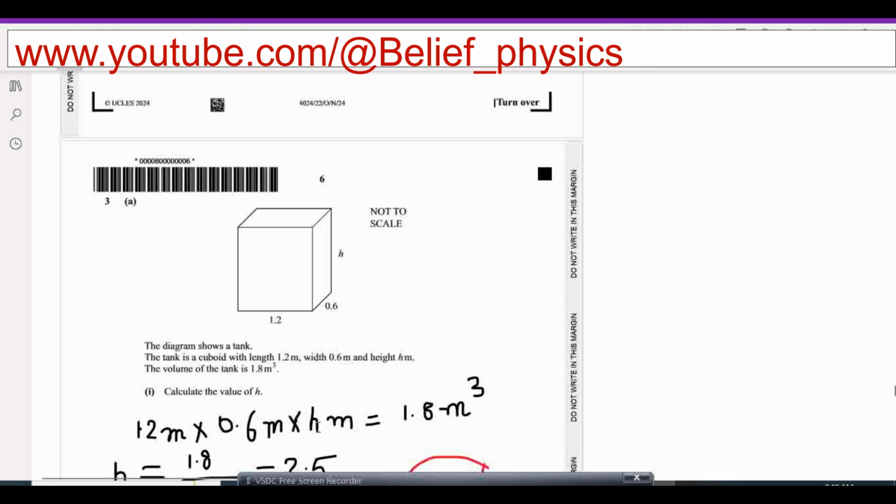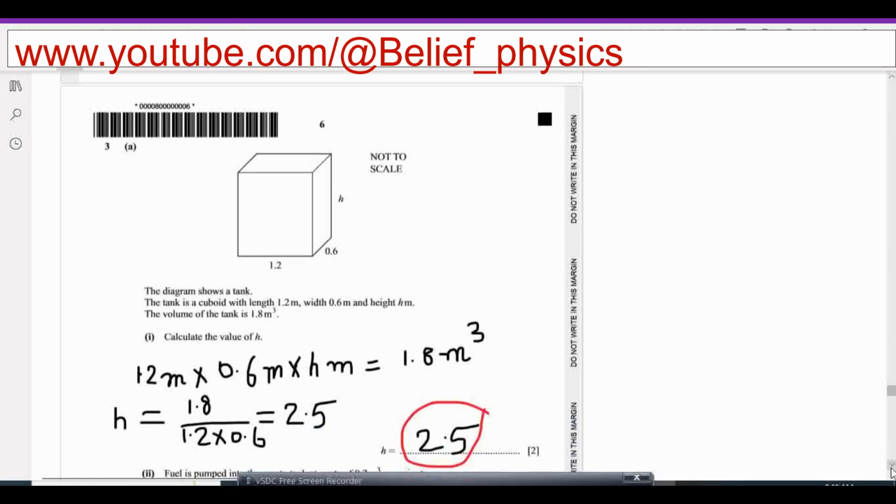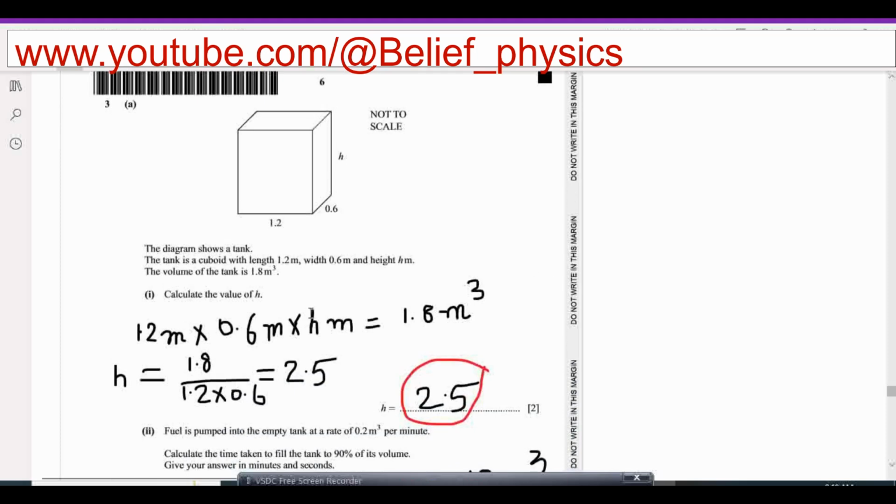We have to find h here. So the meter cube cancels with the meter cube here. So h will be equal to, when we shift the 1.2 and 0.6 to this side, it will be divided. So we get h is equal to 1.8 over 1.2 into 0.6. When we use a calculator, h is equal to 2.5. So the answer of this part is 2.5.